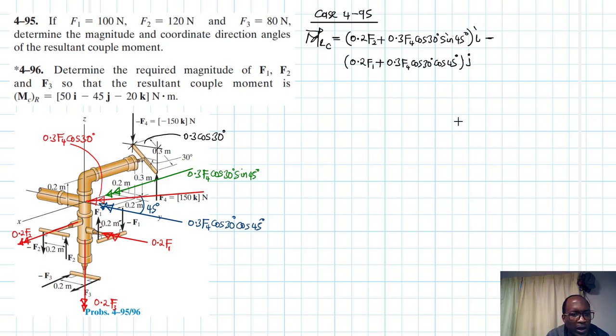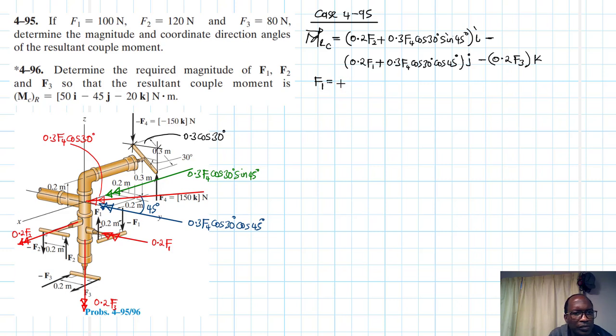And then in the z direction, we have just one component, that's a minus 0.2 F3 k. So this is the expression.